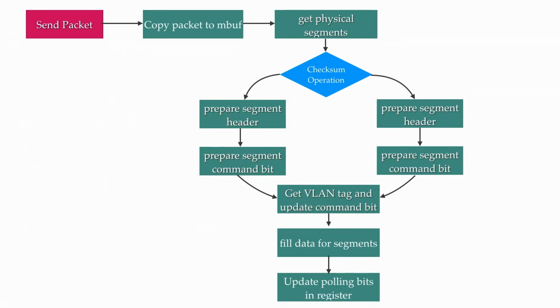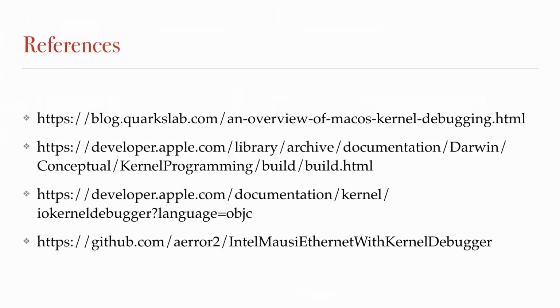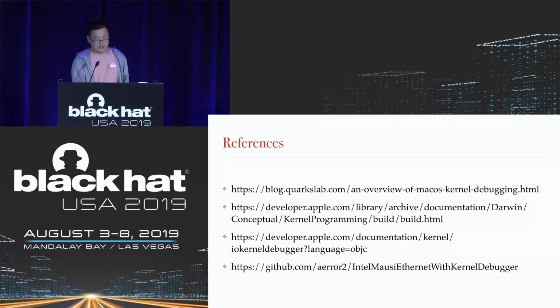After that, it should prepare the header and command bits for each segment and fill them with data. And last, update the polling bits in the register and wait for the output thread to decode them. Here are the references if you want to implement a debugger driver based on open source networking drivers.